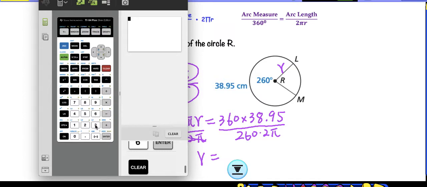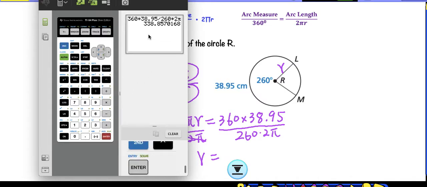Some students type 360 times 38.95 divided by 260 and times 2 pi. Once you do that, the answer says it's going to be this. But there's one thing I want to remind you.